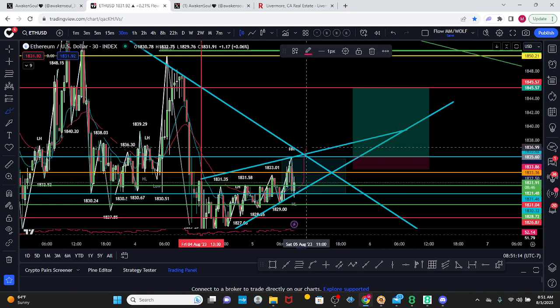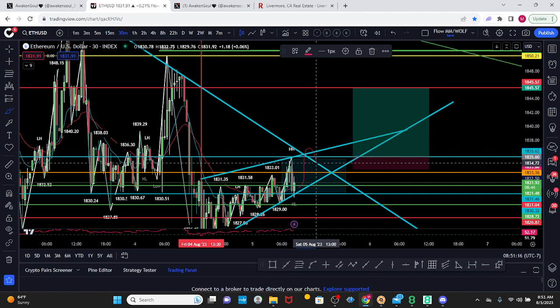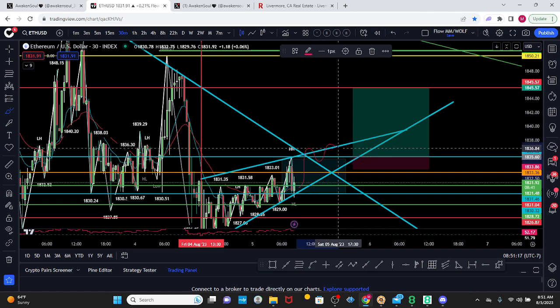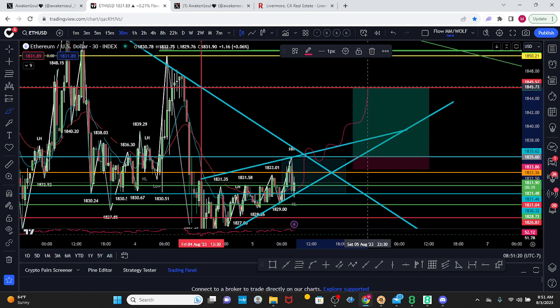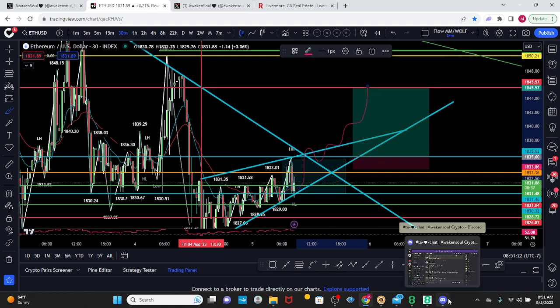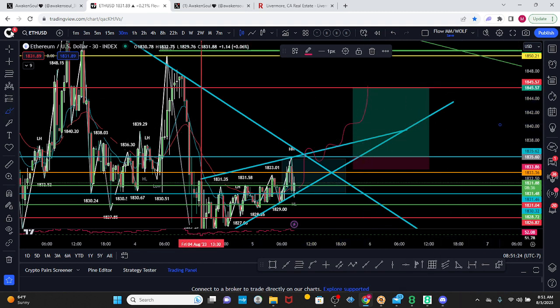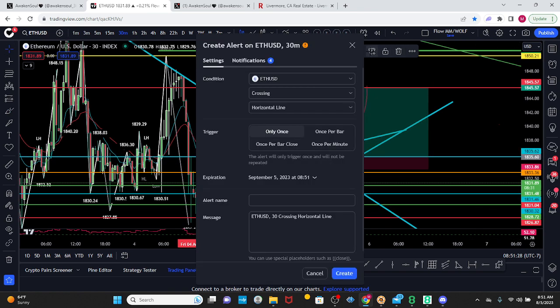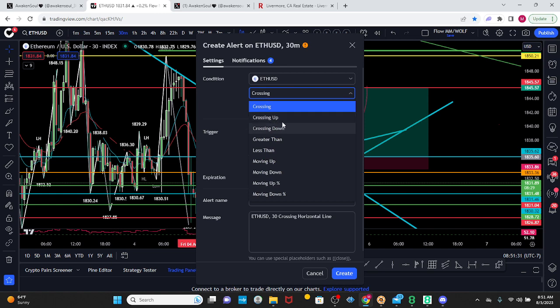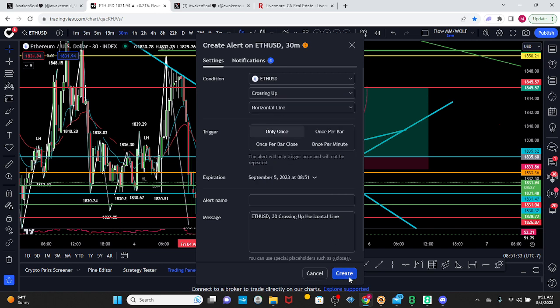So if price action comes here, breaks, holds support, it will trend up, it'll continue up, and it's going to hit this target. Okay, so I'm going to set my alarm on this trend line. And when it's ready, it's going to call me. And that's how I trade.